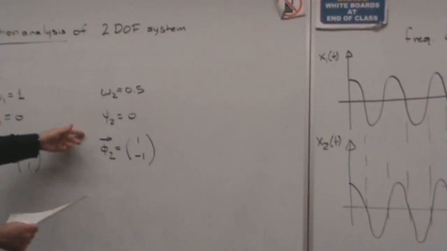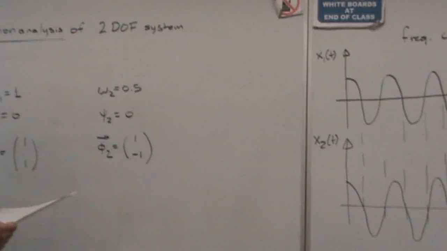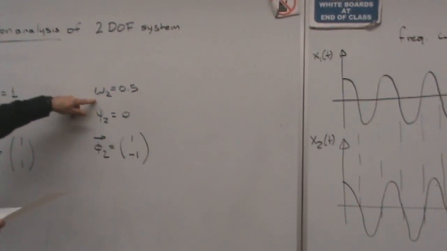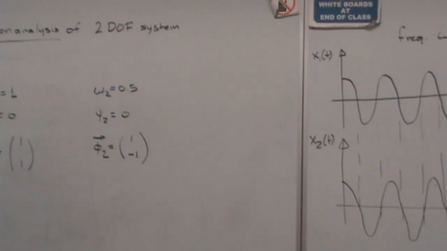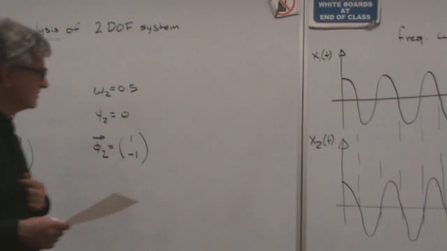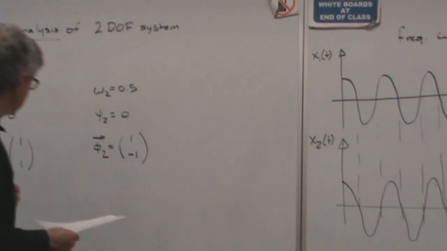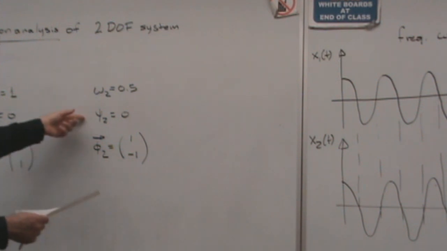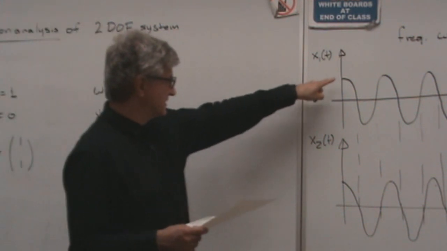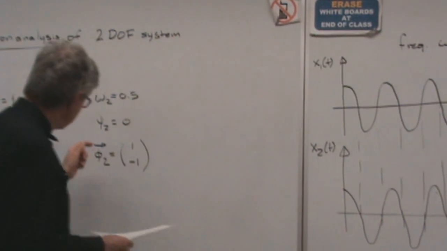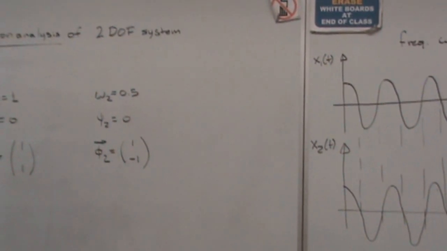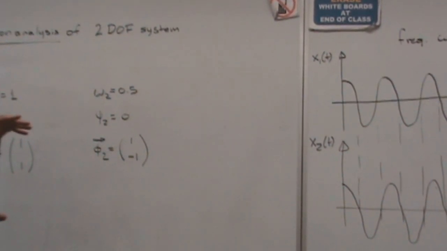In the second mode, the frequency is 1/2. That means it takes longer to complete one cycle. The phase angle is 0, which means that you still start from 1. But then the mode shape has two elements, 1 and -1.